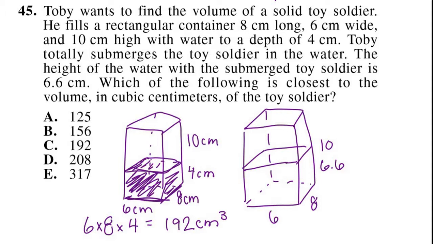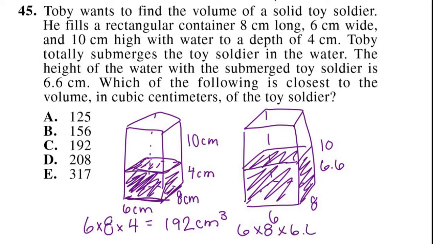Now we want to find the volume of this second figure. So this was with the toy submerged. The volume of this water is 6 times 8 times 6.6, which gives us 316.8 cubic centimeters. Now we find the difference between these.